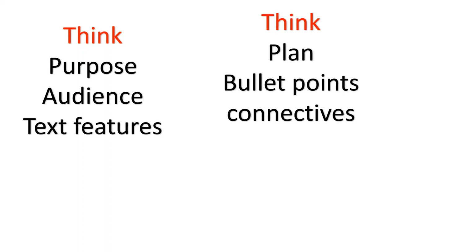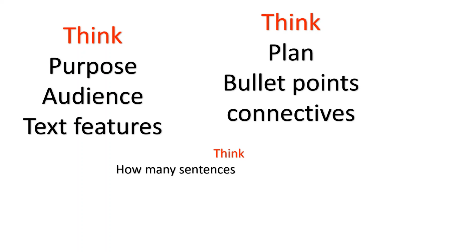So I want you to think about purpose, audience, and text features when you're writing for functional skills exams. So think plan, bullet points, and connectives when you're writing for functional skills entry level 3.